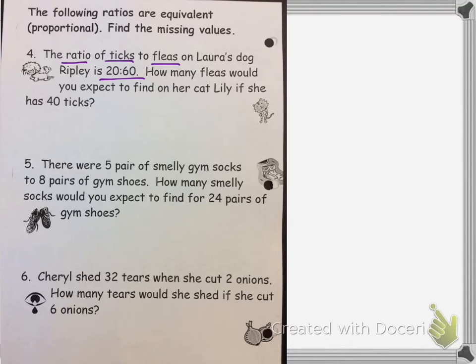And remember when we talked about ratios, we said the order matters. So ticks is first, so that's my numerator. Fleas is second. That's my denominator. How many fleas? So fleas is what we're asking about, and we have 40 ticks. Well, ticks we put on top, so that 40 needs to be in the numerator, and here we're missing a number. So there's a couple things we can do.